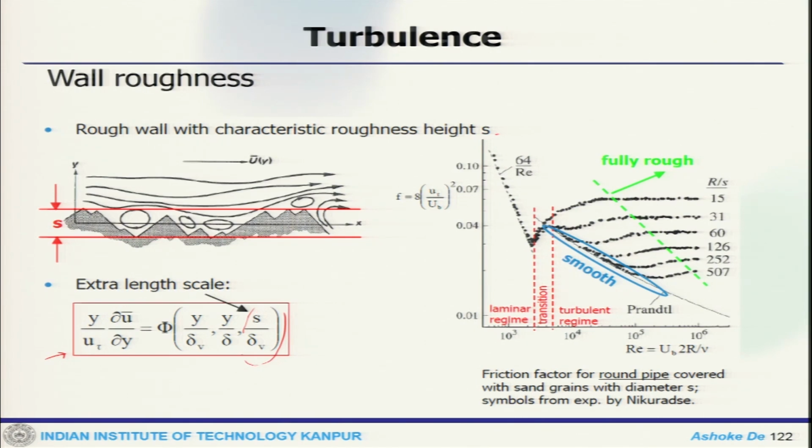If someone looks at the plot here, this is the nice 64 by Re plot of the friction factor for a smooth pipe, and as r by s increases, you can see the effect of roughness, from smooth to the fully rough situation.